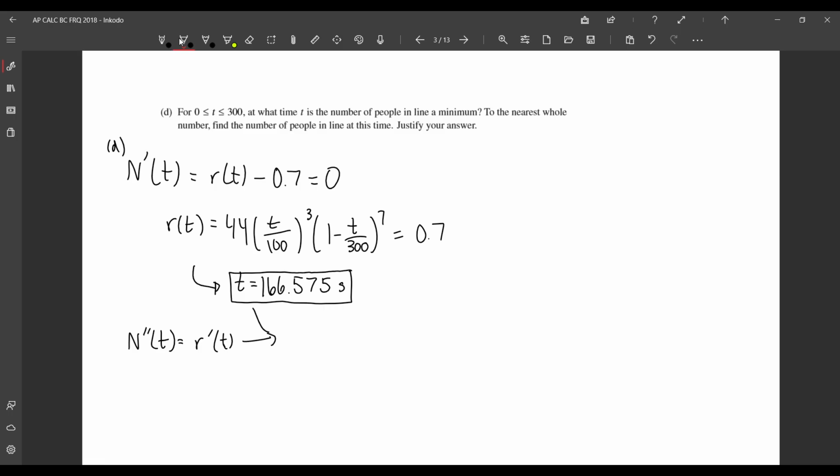So when I plug in this value, x equals 166.575, I get that r prime of 166.575 equals negative 0.024, meaning that this is in fact a max.